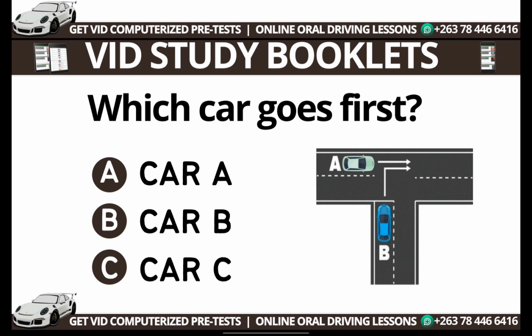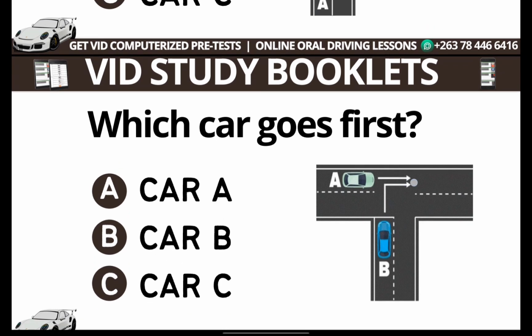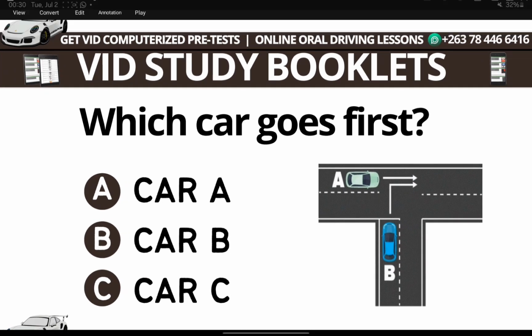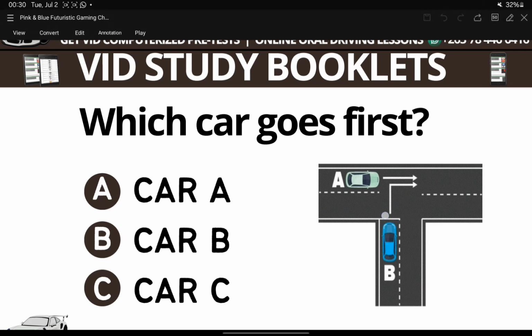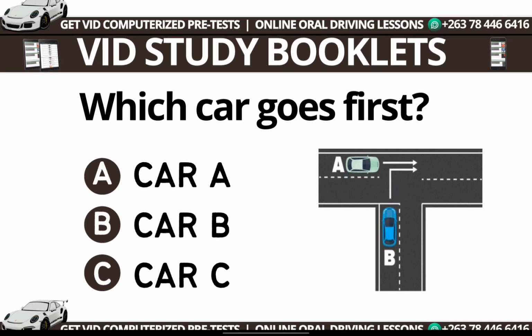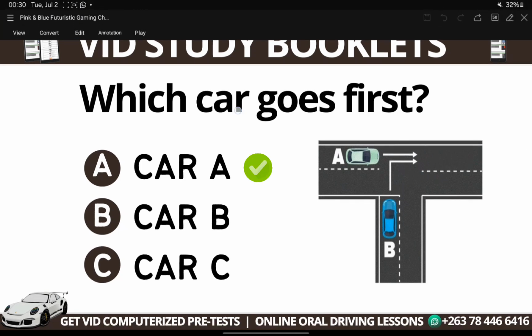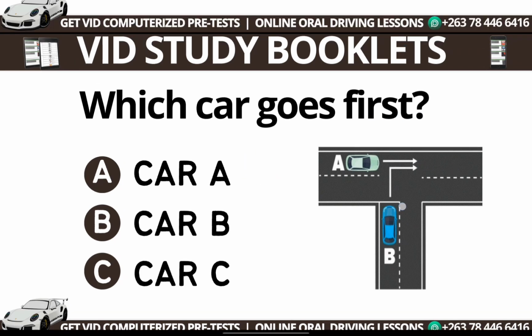So what that automatically tells us that B is from a side road and is coming to a main road. So cars in the main road should not have to stop and give the right of way to traffic that is approaching from the side road. Okay, so with that understanding, we can understand that A is the right of way in this car diagram, then B goes second. Okay, so the car that goes first in this one is to be A because B is coming to a stop line.